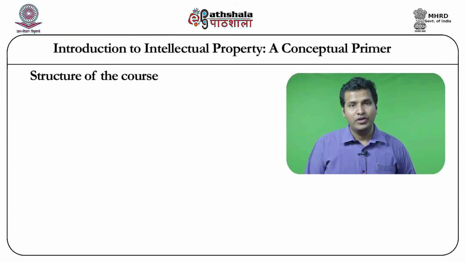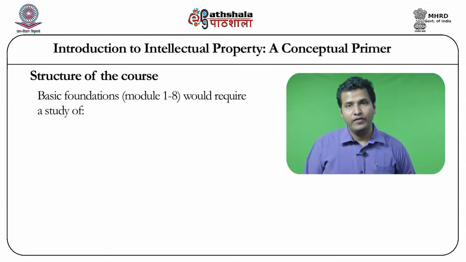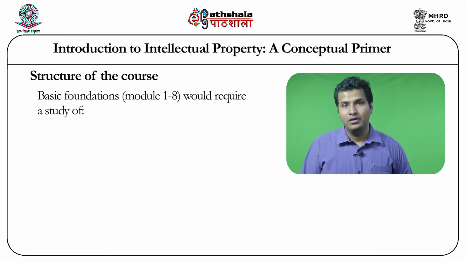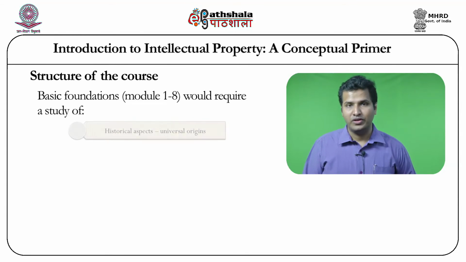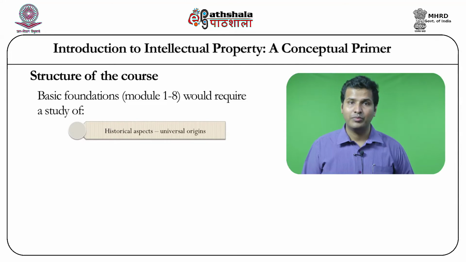Finally, I will explain to you the structure of this course. The basic foundations involving this whole course are provided in modules 1 to 8, which would require a study of historical aspects as to the universal origins of intellectual property law.